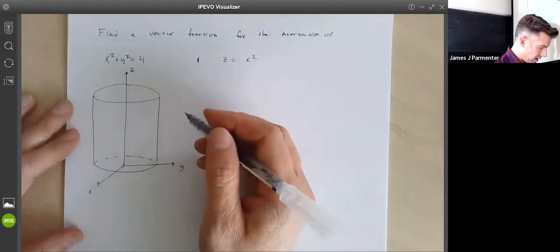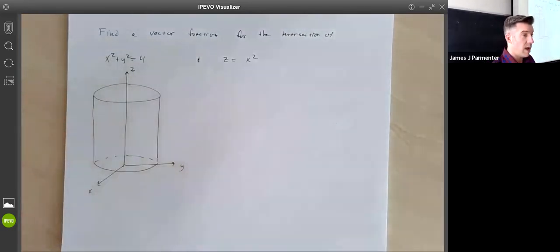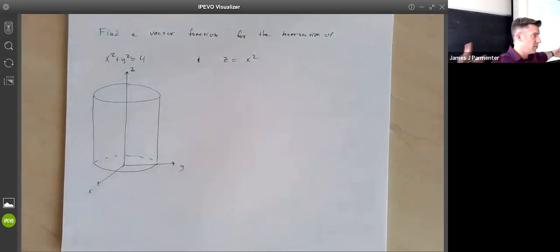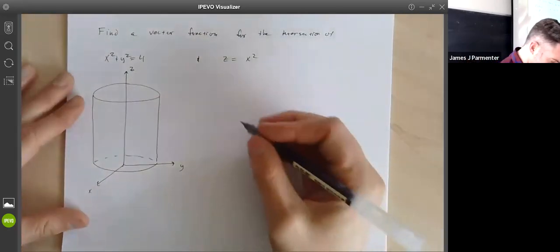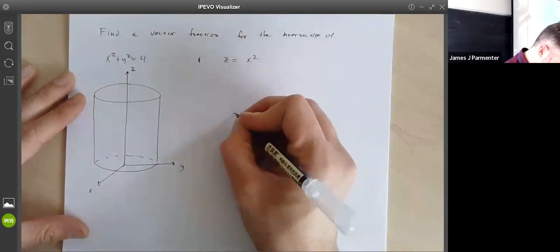And then z equal to x squared is a parabola, but it's also a cylinder, a parabolic cylinder, something we extend in some direction.